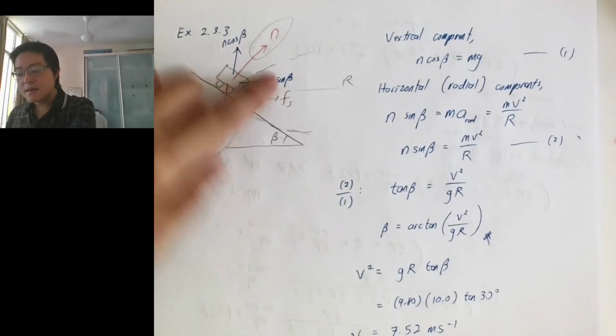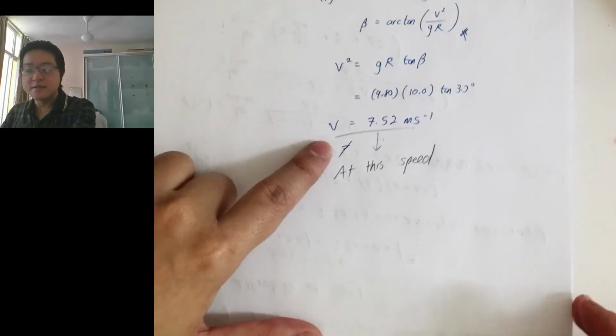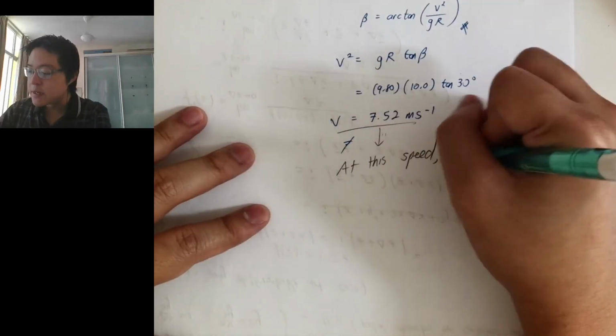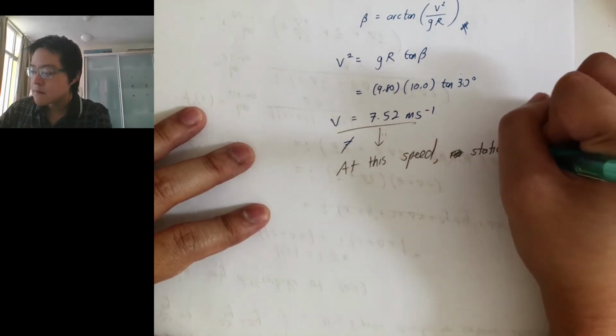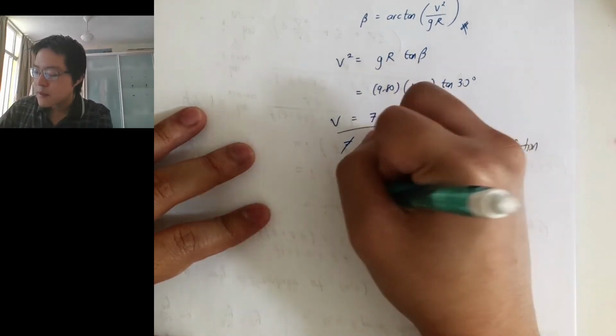So this is the situation that is the result of driving at this speed. So at this speed, static friction is 0.